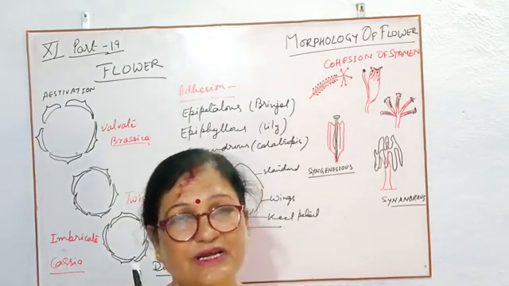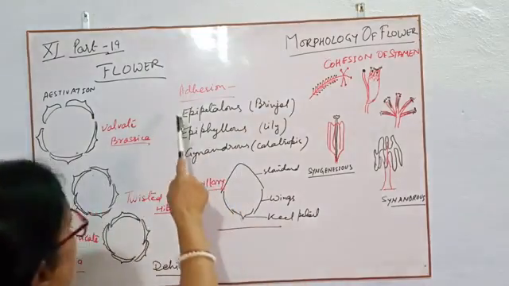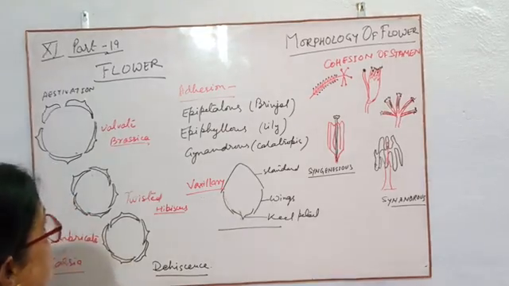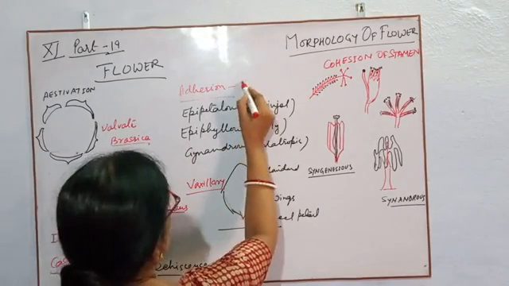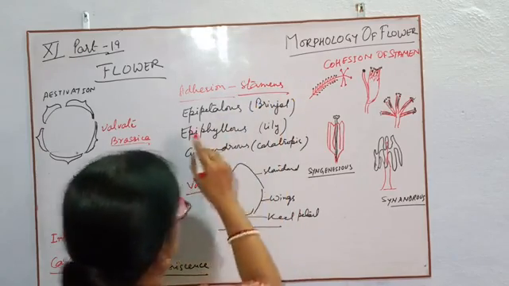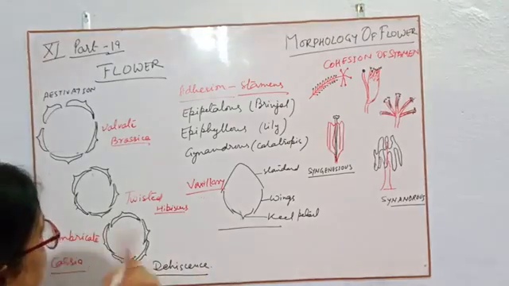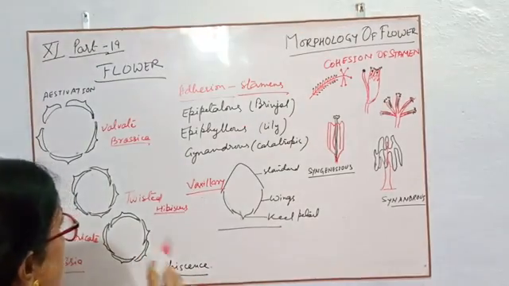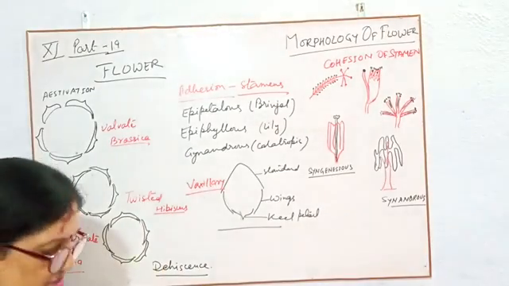Then it is the force of adhesion. Here also is adhesion of stamens, and that is epipetalous adhesion of stamens here. Epipetalous is along with the petals, epiphyllous along with the tepals or perianth, and gynandrous means along with the ovary.